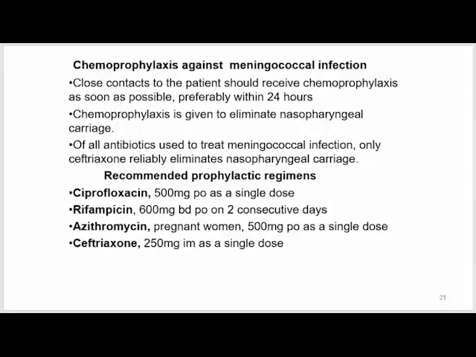You can also use ceftriaxone injection, 250 milligram intramuscular as a single dose. The take home is anyone who has come into contact with a patient with meningococcal infection has to be on prophylaxis.